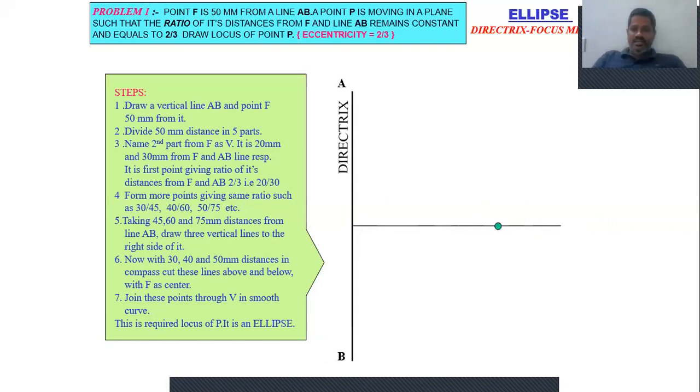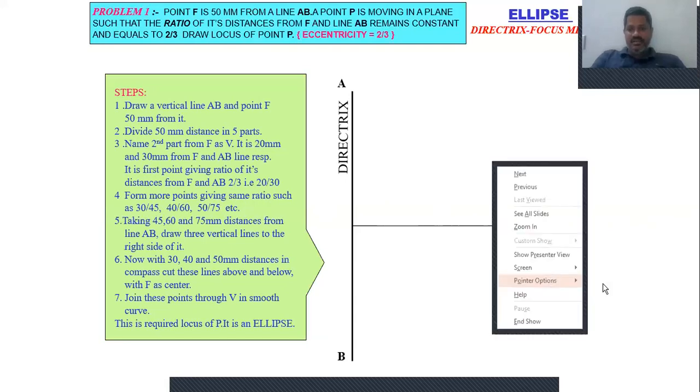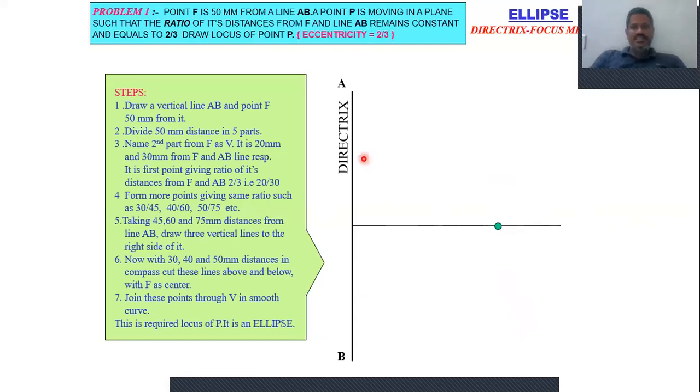Then mark a point at a distance of 50 mm from the directrix, because in our problem a 50 mm distance is given. Our fixed point is at a distance of 50 mm from the fixed line. So here the fixed point is called focus, and the fixed line is called directrix.